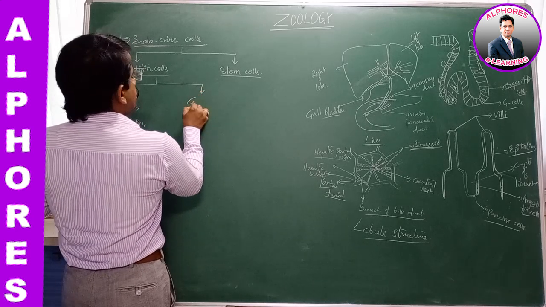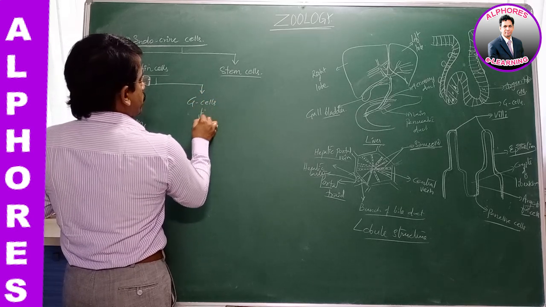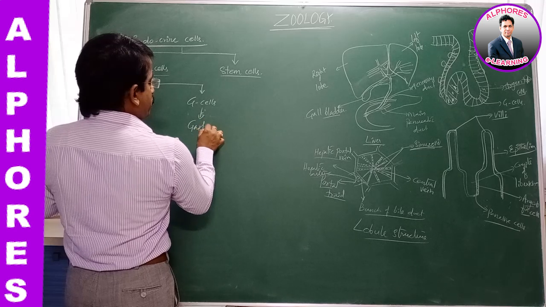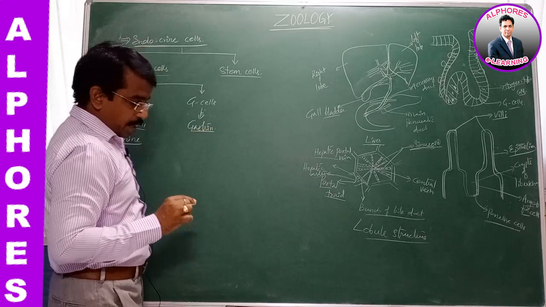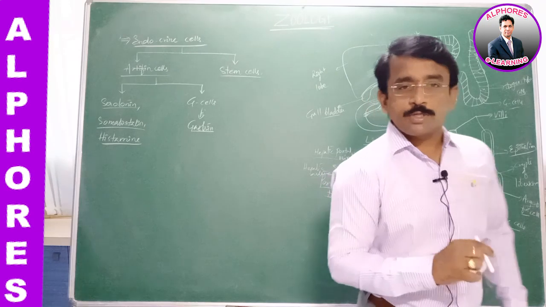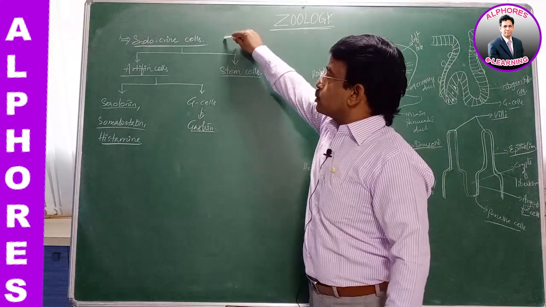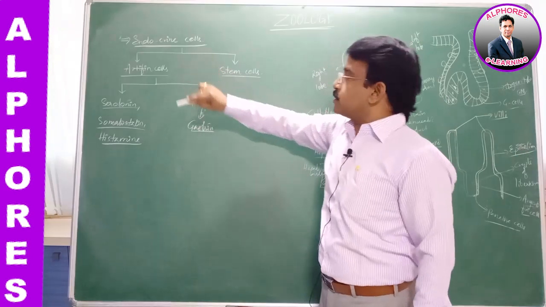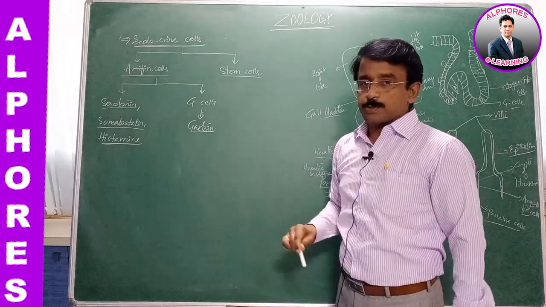Next, the G cells are present which secrete the gastrin. So in this connection, what we learn is the endocrine cells include the argentaffin cells and stem cells.